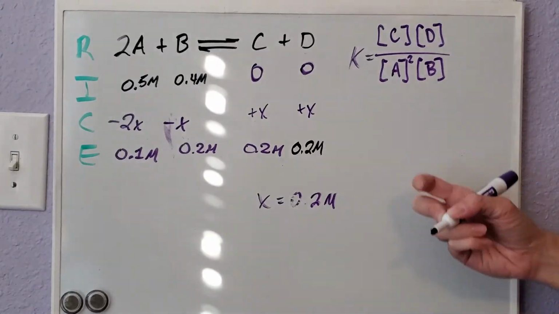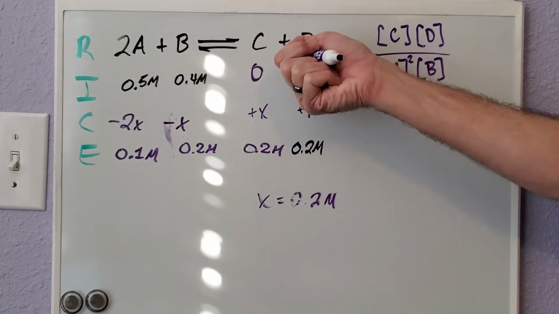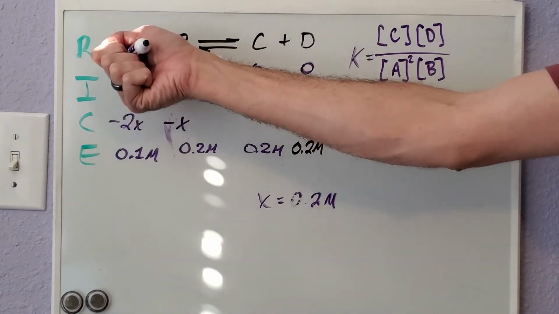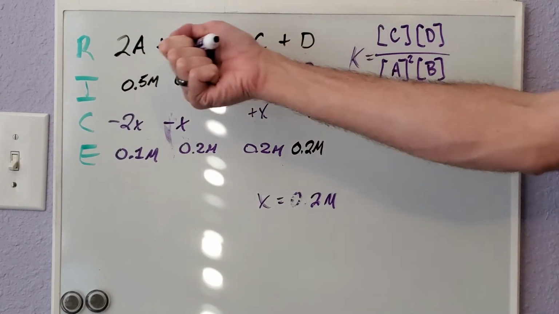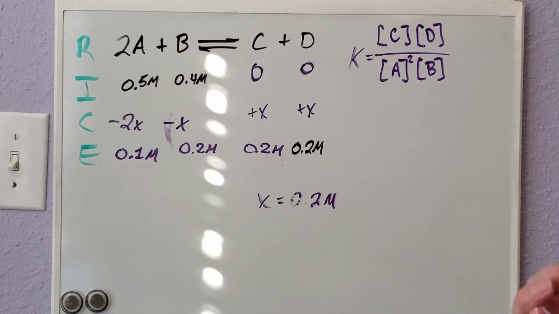And so the K for this question can be set up with your products over reactants, or we have our C times our D, put all of this over our A, and make sure it's squared, times our B. And so here again, C, D, and our A has a coefficient of 2, so we need to make sure to raise that to a power of 2. And then our B is going to be on the bottom just because it's still a reactant.